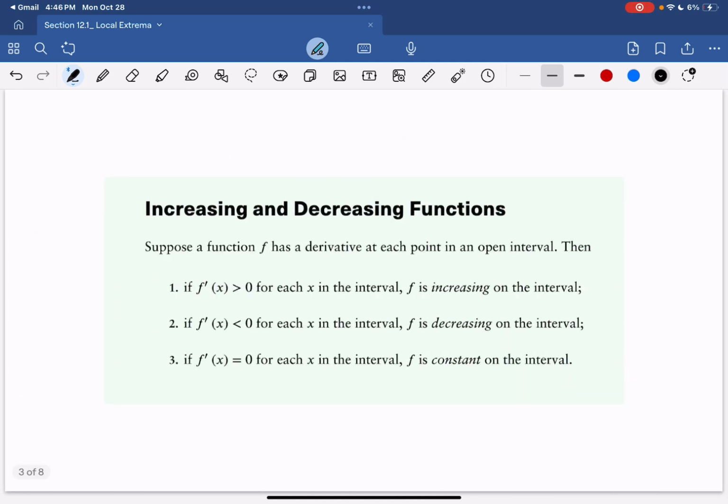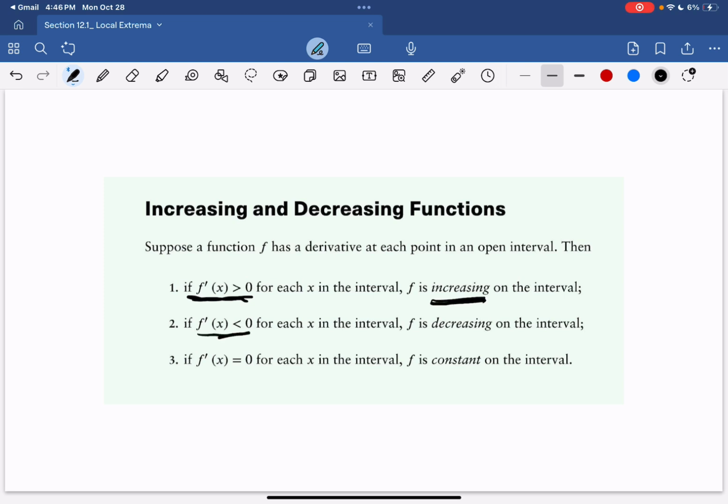All right. So here are the formal definitions of increasing and decreasing functions. Just as a reminder, a derivative is just a slope. It's the slope of the line or the function, but at any given point. You don't have to feel obligated to write all this down. The big thing is, if the derivative is positive, so it's greater than 0, then it's increasing on that interval.